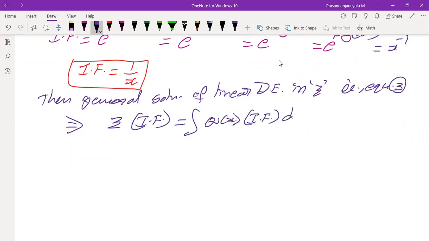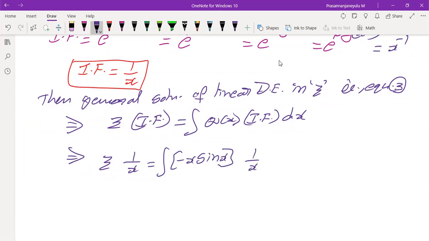So we'll get z into 1 by x equals to integration of q of x, which is minus x into sine x, into the integrating factor 1 by x into dx. Now, if we observe, we can cancel this x with this x. Both are in product.